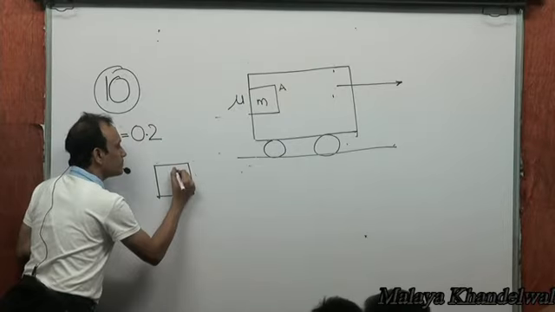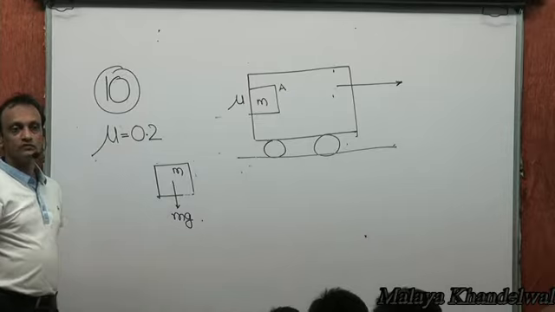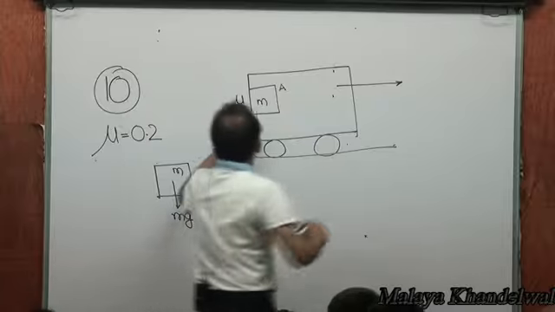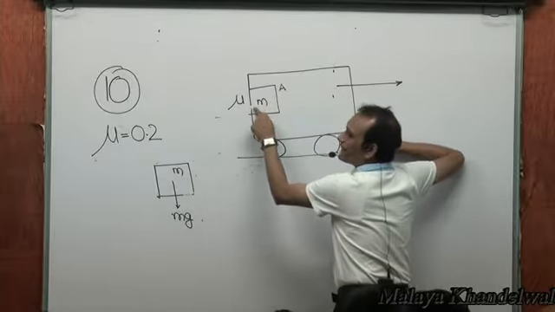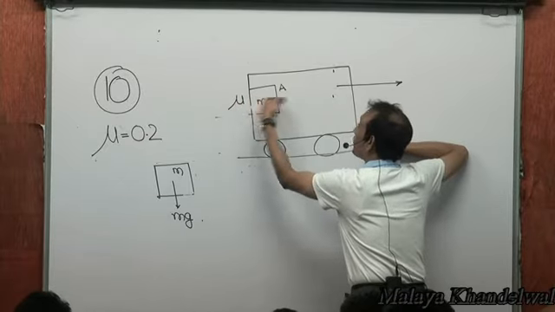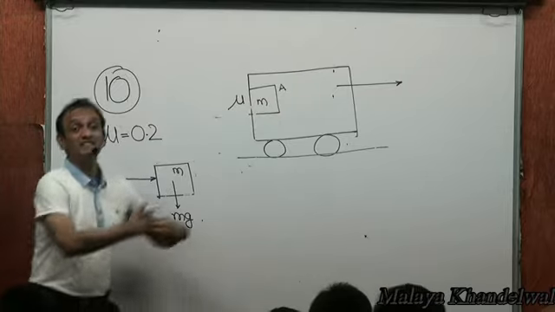There is Mother Earth, mg, right? Now, there is no loss of contact between small m and the cart. So along the common normal direction, they must have the same acceleration.